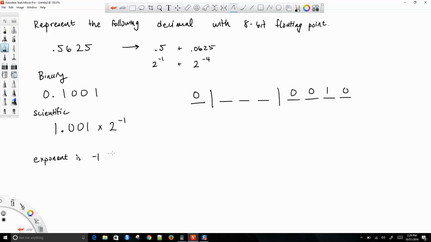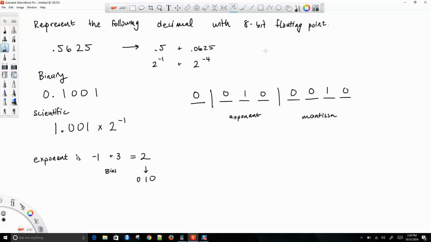So we're going to add 3 to it, and this would give us 2. We would encode our 2 as 010, and put that in there. So this is our exponent, which is 2, but when we take away the bias, we understand that it's -1. And this is how we might represent the value 0.5625 with an 8-bit floating point number.